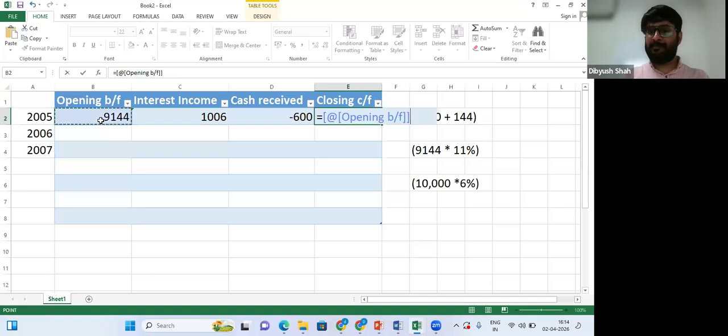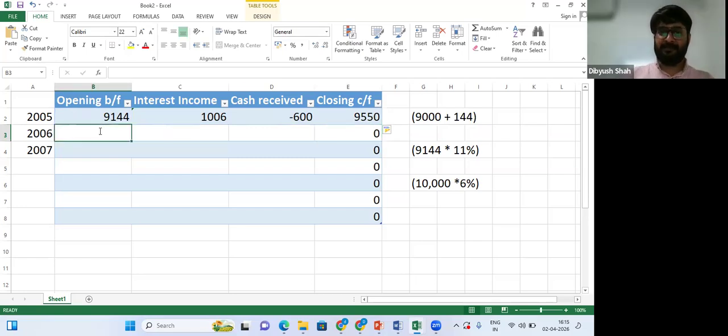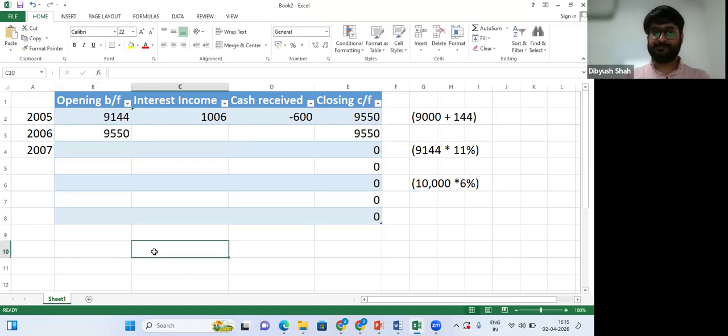Remember, I told you: opening balance plus interest income minus cash received. Opening balance plus interest income minus 600 cash received gives 9550. This was all 2005.